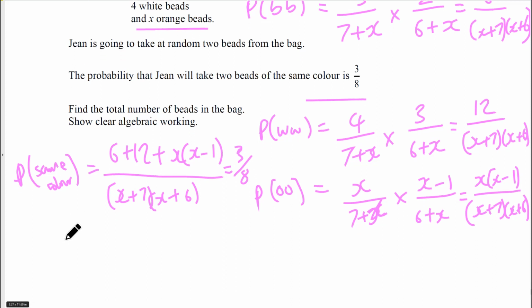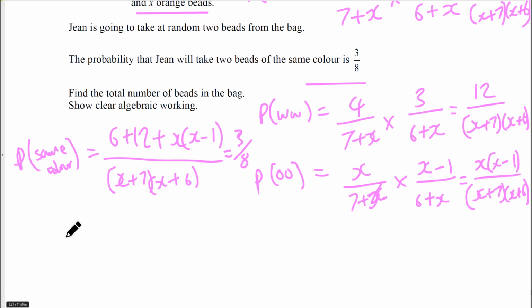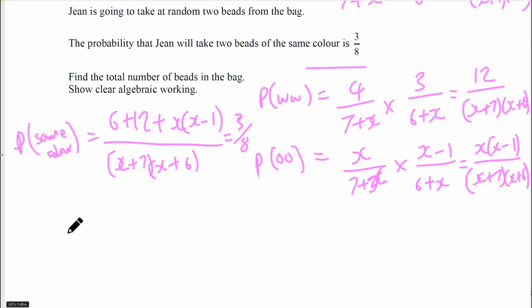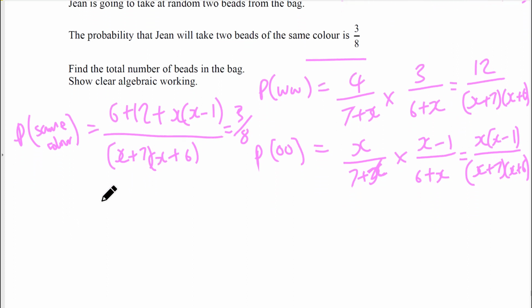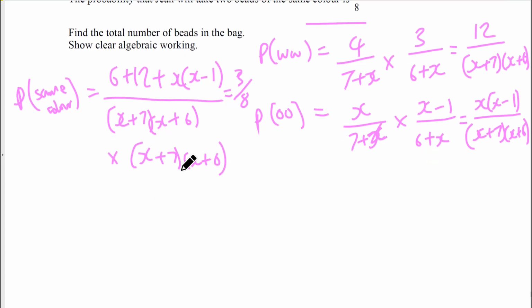Okay, so what can we do? We can multiply out by x plus 7, x plus 6. So what we're going to get is 6 add 12 is 18. Let's simplify that.